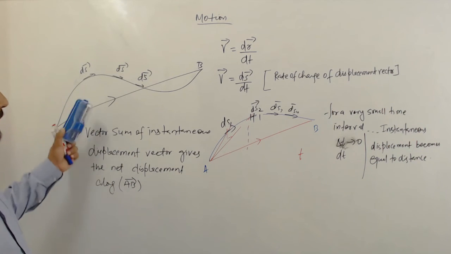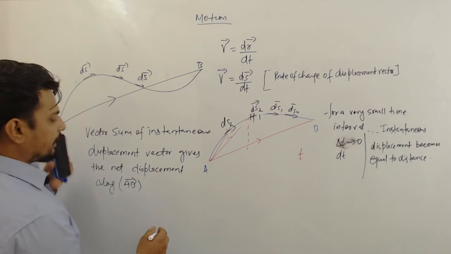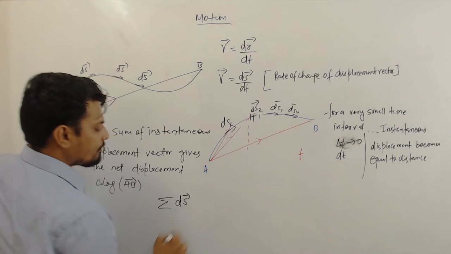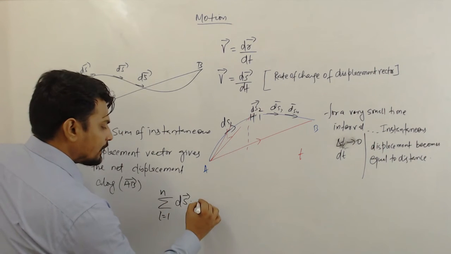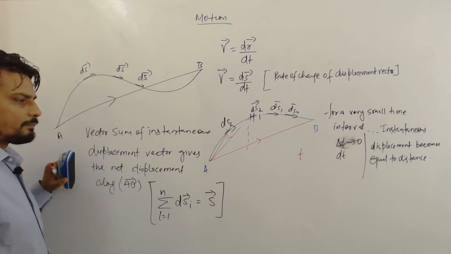And this has to be done by the polygon rule of vector addition. So, if I take the sum of all these displacement vectors, let's suppose i equals 1 to n, then that is going to give you the net displacement. इस बात को note कर लो आप लोग.